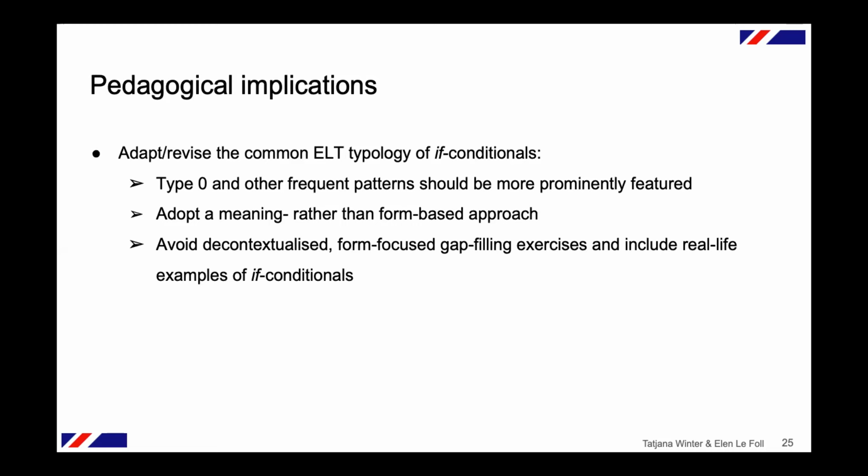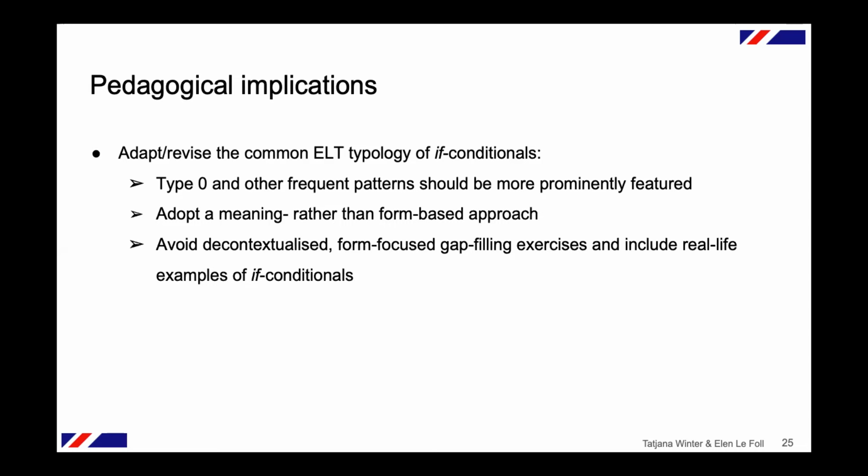A study by Jacobson, for instance, has shown that this could be achieved by adopting a cognitive model of conditionals, which emphasizes the components of meaning that determine the forms of conditionals, like the discourse context, the speaker's perspective, and the context.